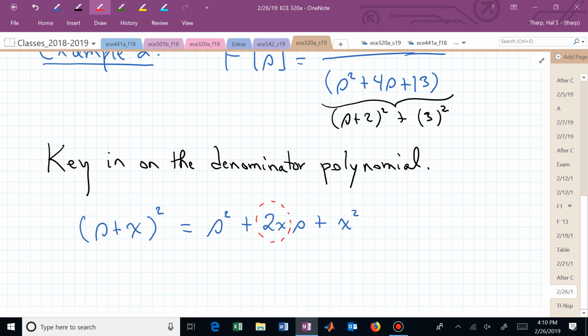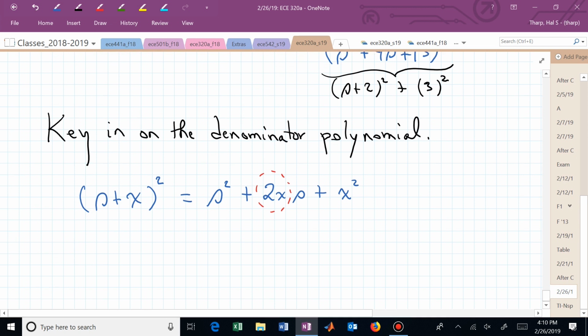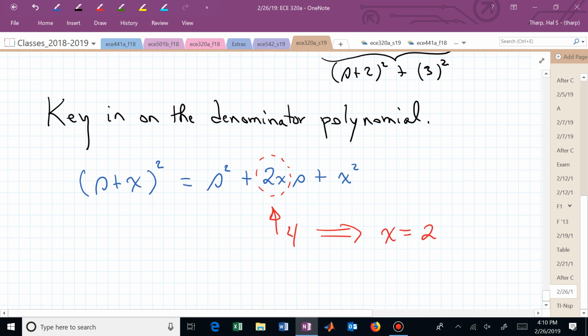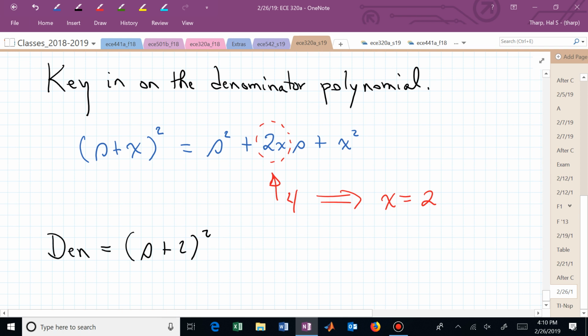Meaning, in our example, that corresponded to 4, and that tells me that x is equal to 2. If that's the case, now I can say my denominator is made up of s plus 2 squared plus something.